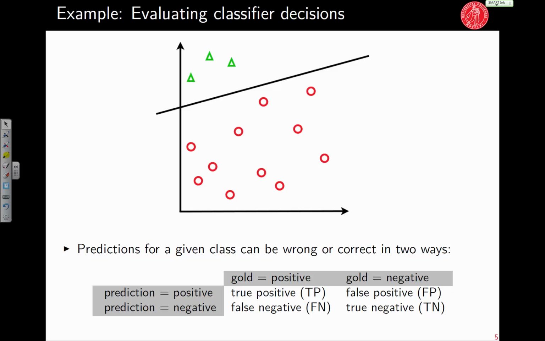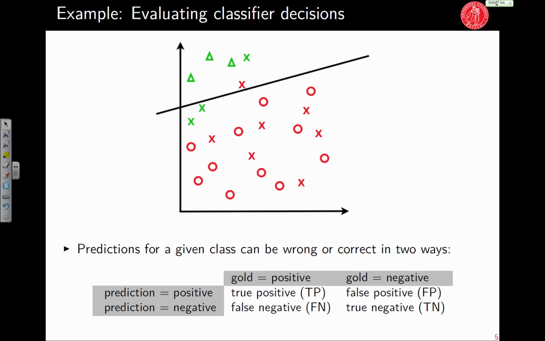Now we have run, say, Rocchio, and we learned that this is the decision boundary. We are given this test set. Just by looking at the decision boundary, these two will be classified as spam and the rest will be non-spam. But since this is a test set, we know the actual classes of these emails, whether they were spams or not.